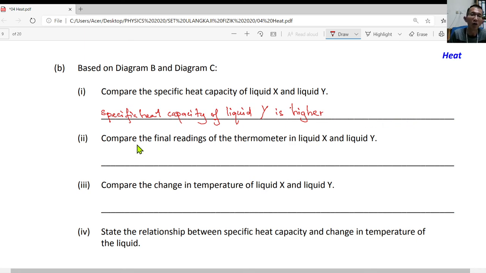Now compare the final readings of the thermometer in liquid X and liquid Y. So we are to compare the final reading. I write down first the quantity to be compared.